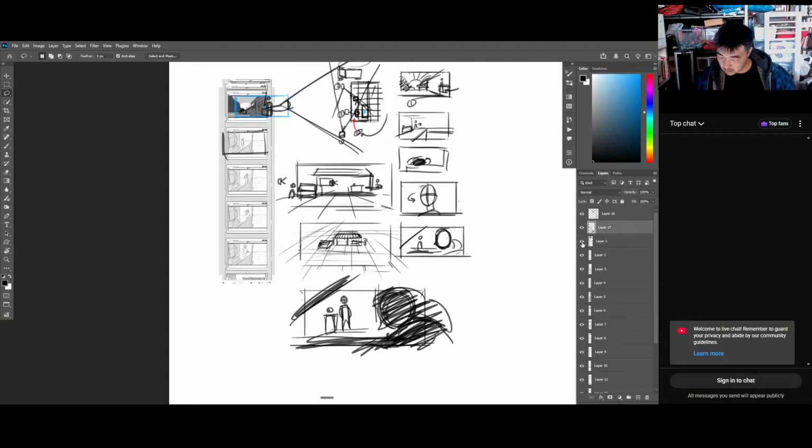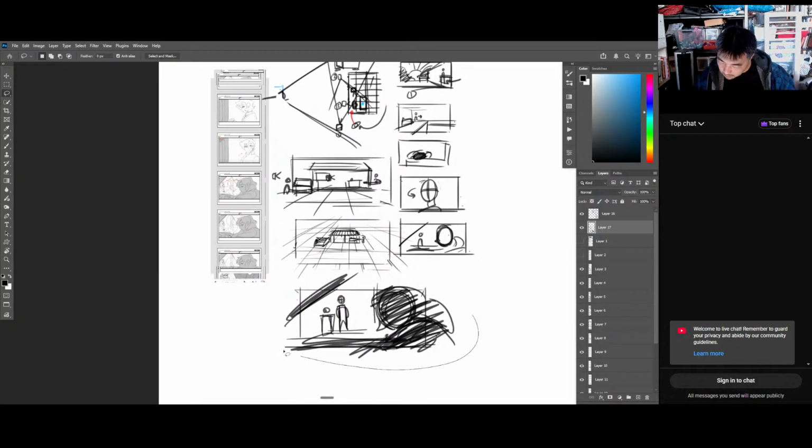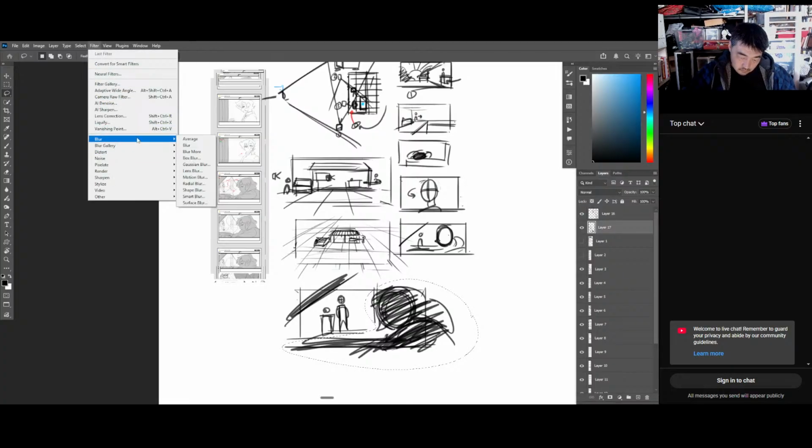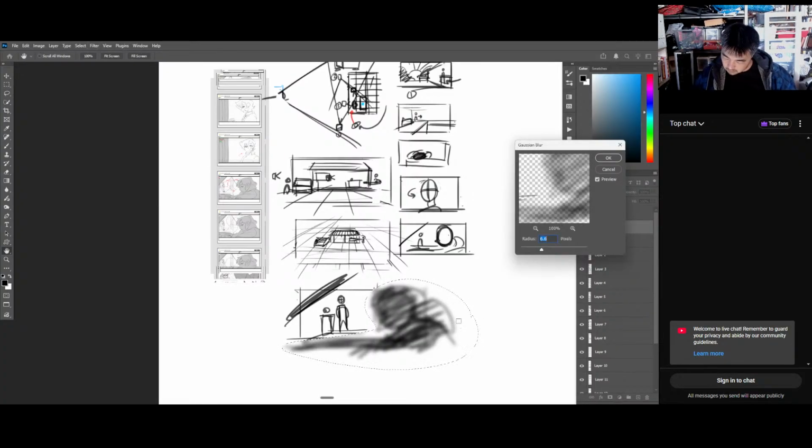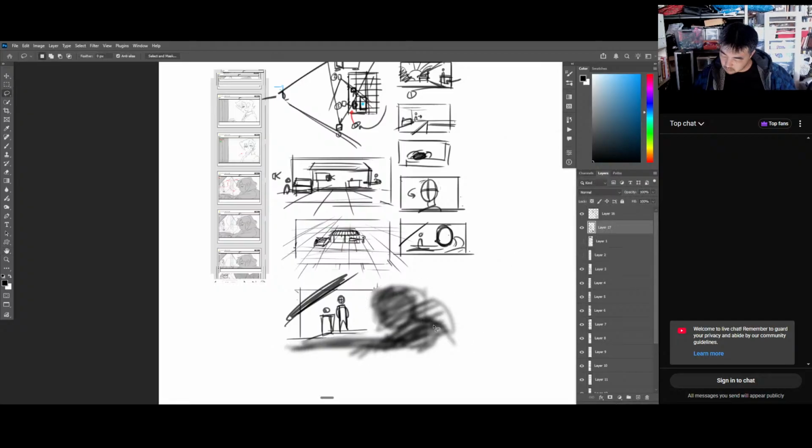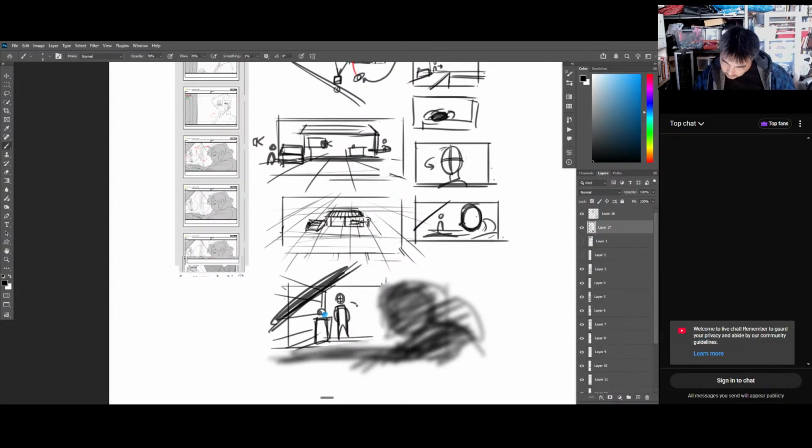And this, yes, it's right here. But what I'd probably do is just blur her out. Because then if you blur her out, it comes right here.